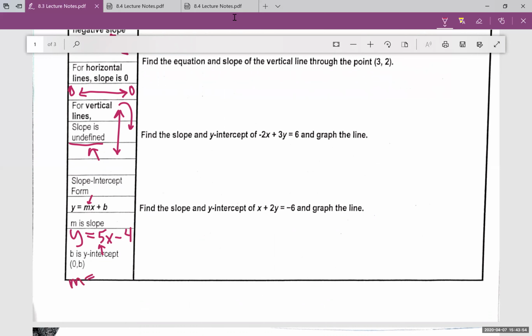So m is 5 over 1, or just 5. And b, which is the y-intercept, is negative 4, okay? I could easily plot that. So if b is negative 4, in coordinate pair, that would be (0, negative 4).